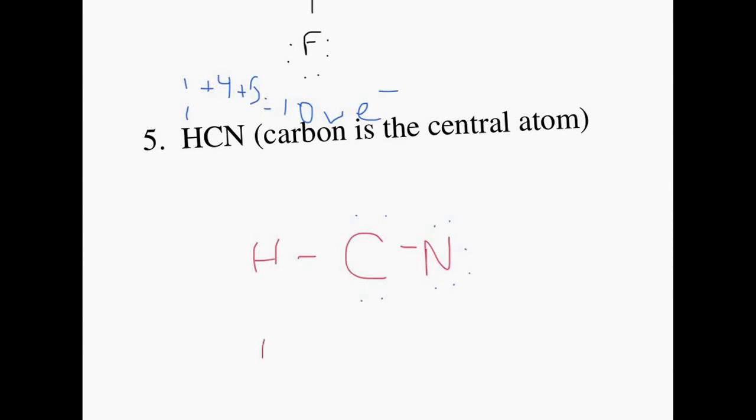Let's try to add a double bond. Now here's the deal on this one. Can't add a double bond onto the H, because remember H can only take on one pair, 2 valence electrons. So now let's count these up. 2, 4, 6, 8, 10, 12, and I only had 10 to start with. So those two are wrong. I'm just going to go ahead and erase those.